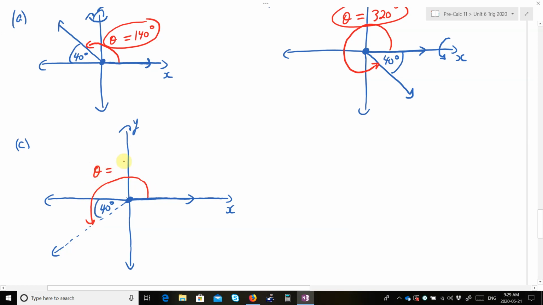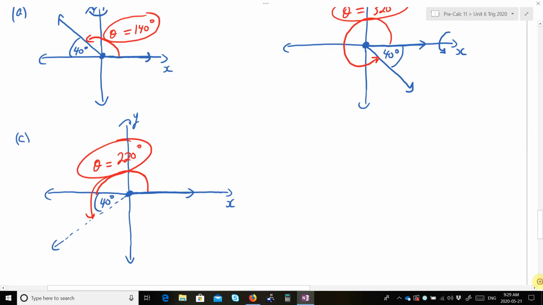So theta is 180 plus 40, 220 degrees. Right, because it's 180 from the positive x-axis to the negative x-axis, and then plus the extra 40.